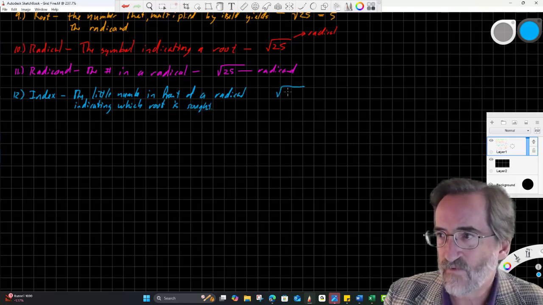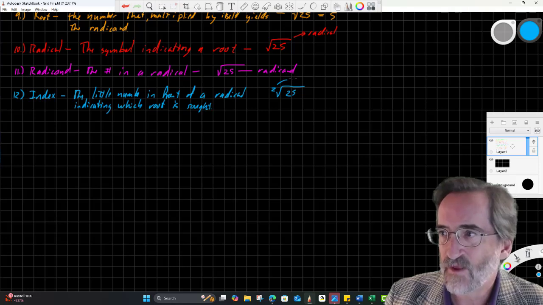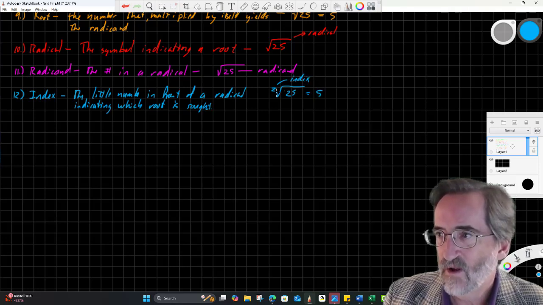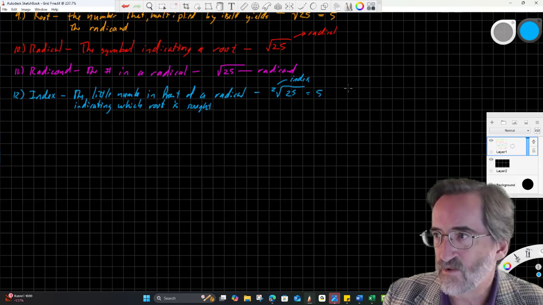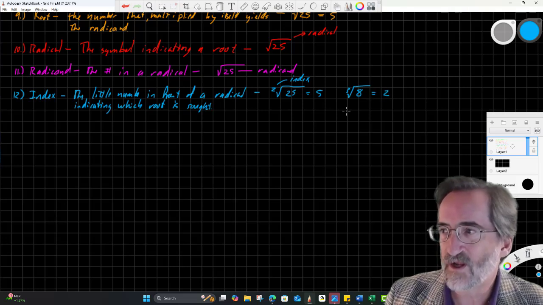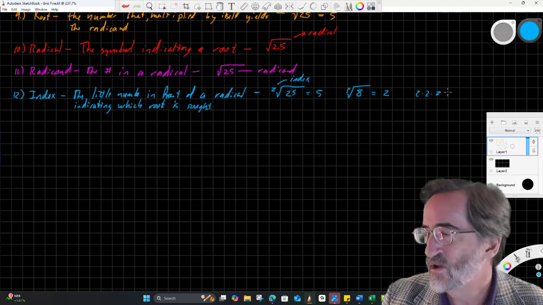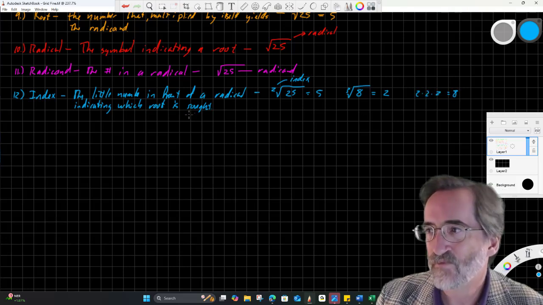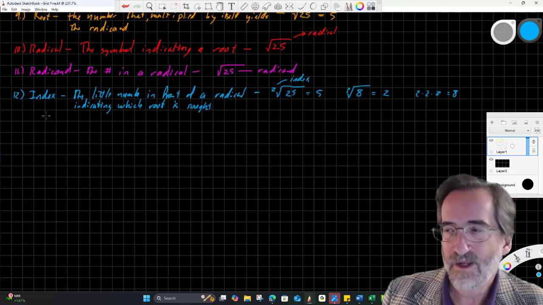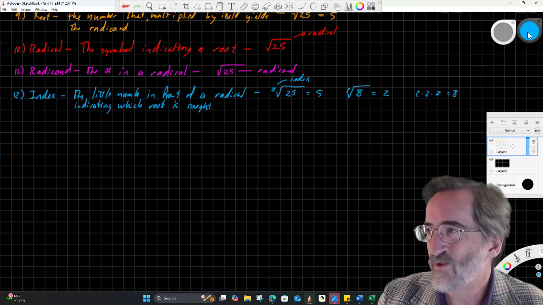Square root 25. Let's do this. If I put a 2 on it, which is the default number, that's called the index. If I do the cube root of 8, that's also the index, only the answer is 2, because 2 times 2 times 2 is 8. Index, not Windex, index.